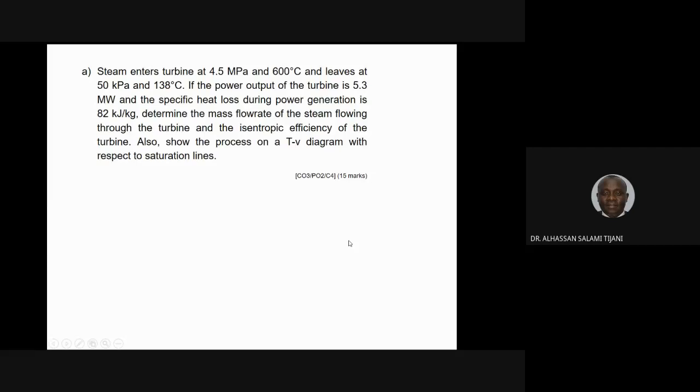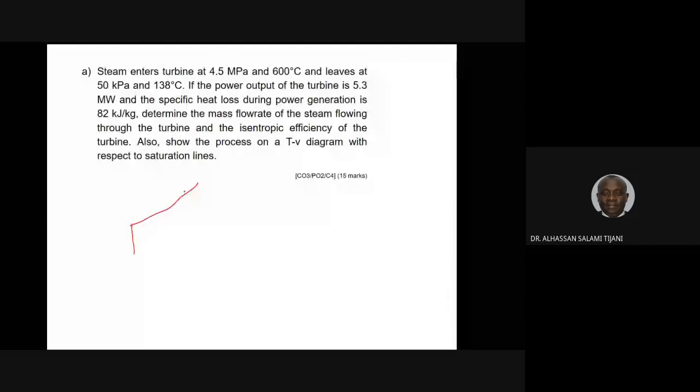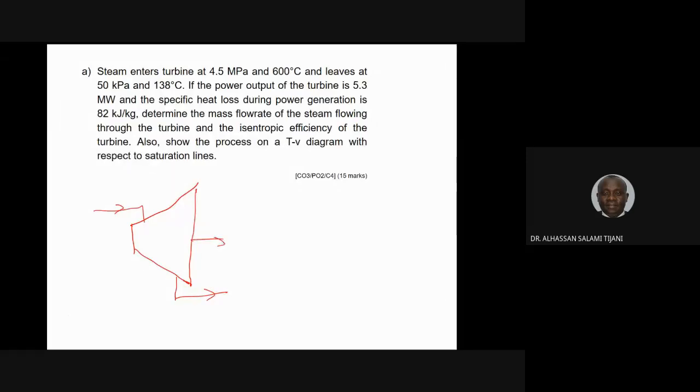Yes. According to this question, we are told that steam enters a turbine. So we have a turbine like this, and this is the exit of the turbine. This is the power outlet, so the W net outlet is this.